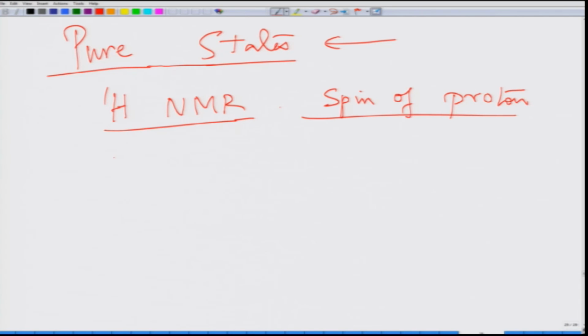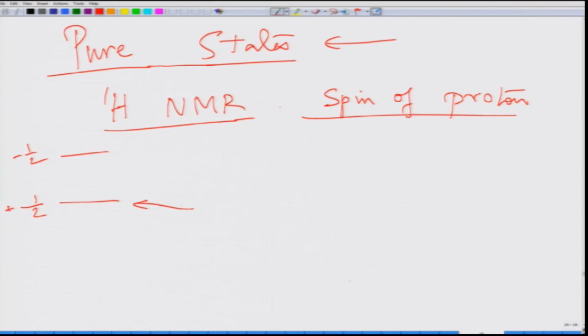Even in the traditional NMR, although we happily represent the spins by plus half and minus half, and we say that there is the plus half state and the minus half state, we often know that it is not true that everything is here.